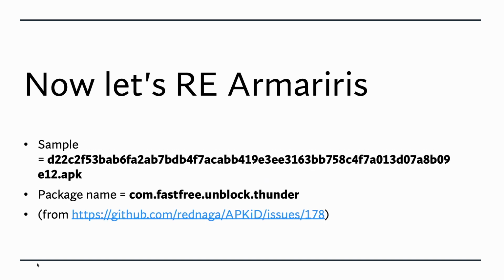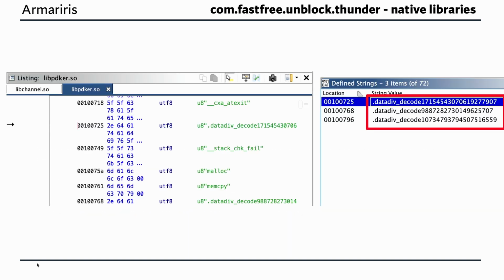And here's a sample file. So here's what ArmorRS looks like. It will replace sensitive strings with these wrapper functions, and there will be names of those wrapper functions in the data section of the program.